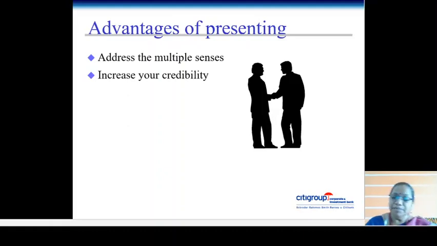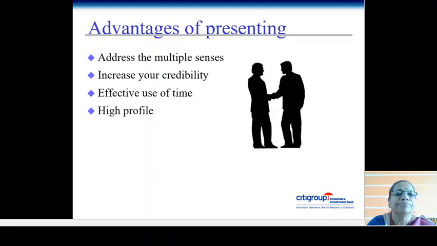Increase your credibility. If you present something, it increases your credibility. Effective use of time. Time management should be there whenever we are going to present and whenever we are going to start any business. In the business field, effective use of time is also a very important thing.